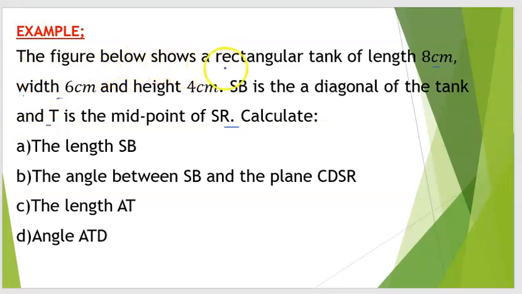The figure shows a rectangular tank, length 8 centimeters, width 6 centimeters, and height 4 centimeters. SB is the diagonal of the tank and T is the midpoint of SR. You are required to calculate the length SB, the angle between SB and the plane CDSR, the length AT, and the angle ATD.